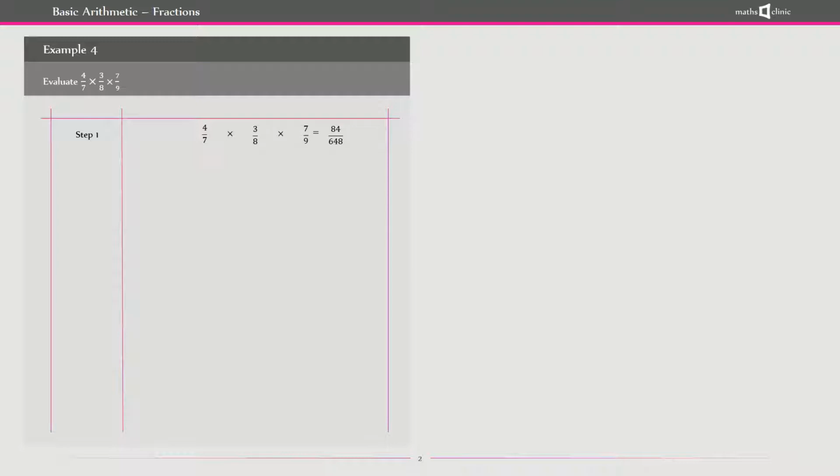But something about this answer is you can't leave it like this. You have to express this answer in its simplest form. Basically you're going to keep dividing the numerator and the denominator by equal numbers.